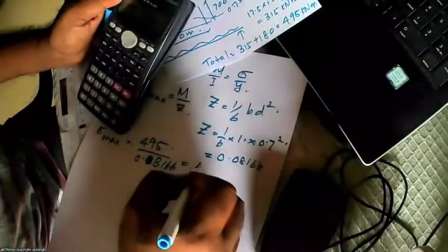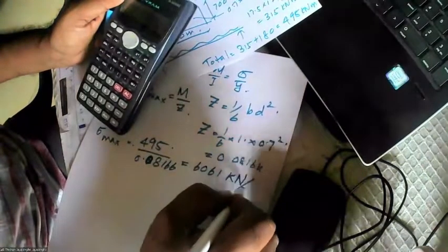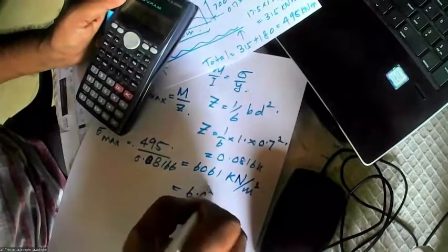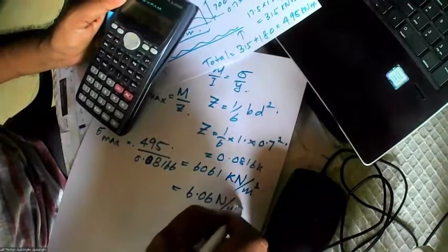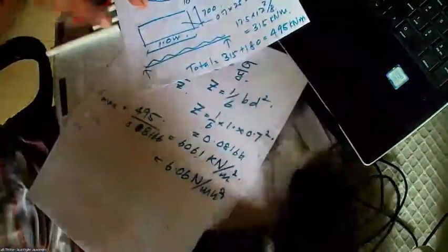You get 6061 kilonewtons per meter squared, or 6.06 newtons per millimeter squared. Okay. So you get a moment, you get a stress.